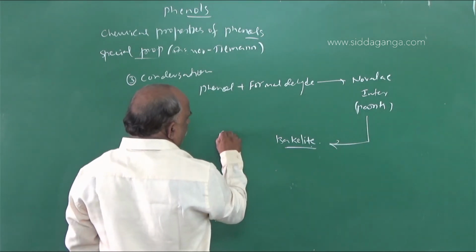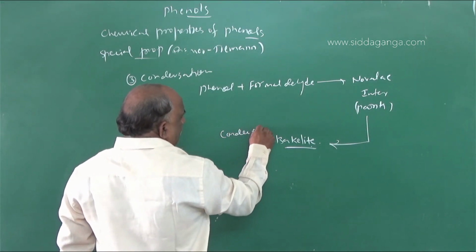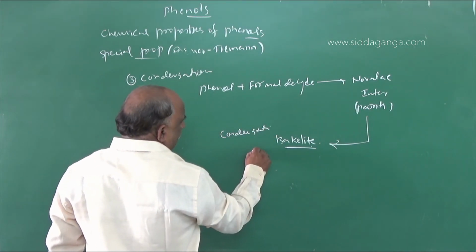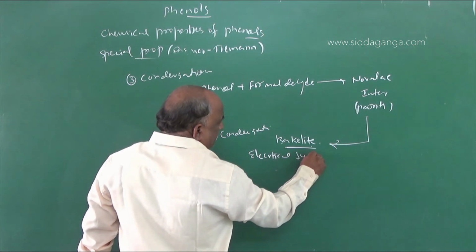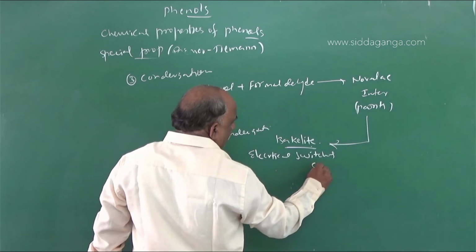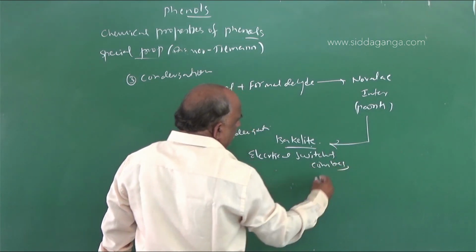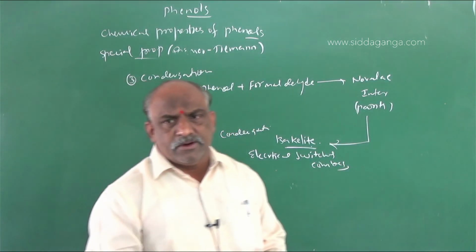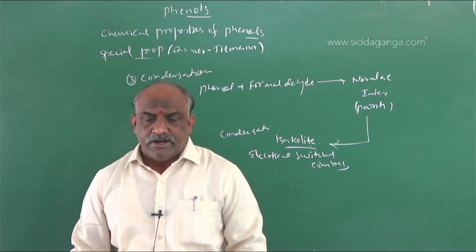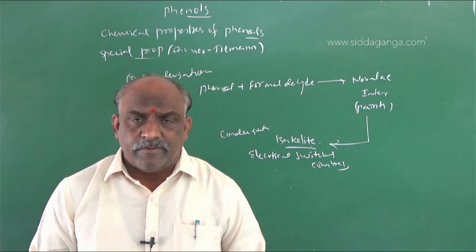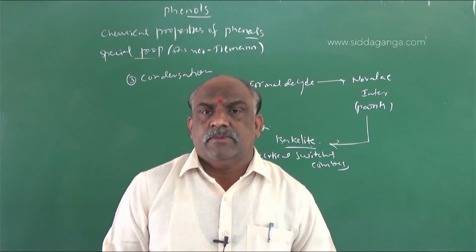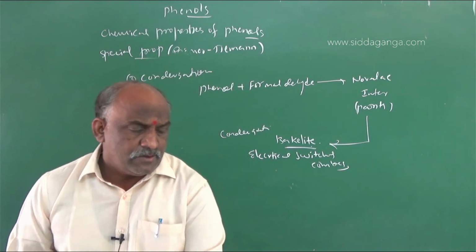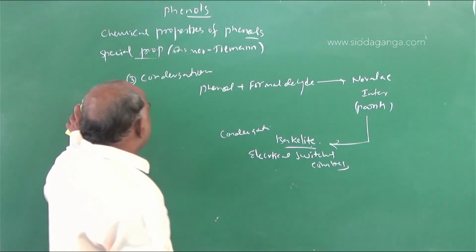Bakelite is an example of condensation polymer, used for the preparation of electrical switches and combs. This is an important point: the mixture of phenol and formaldehyde is used for the preparation of Bakelite. Bakelite is a thermosetting polymer.